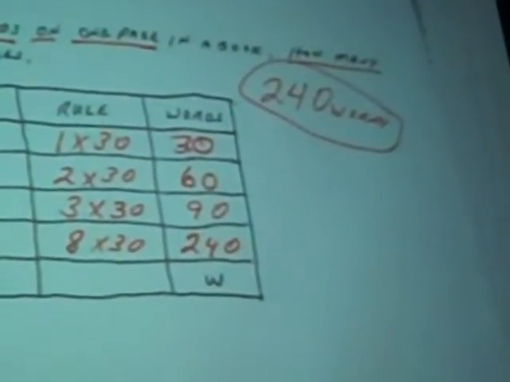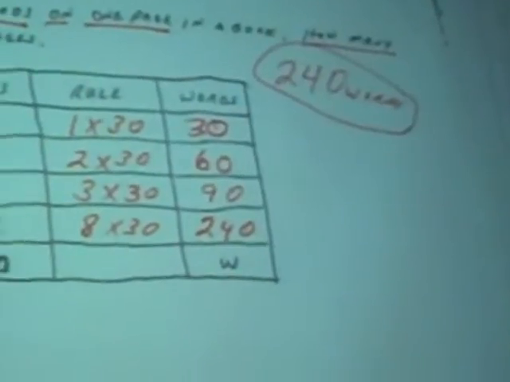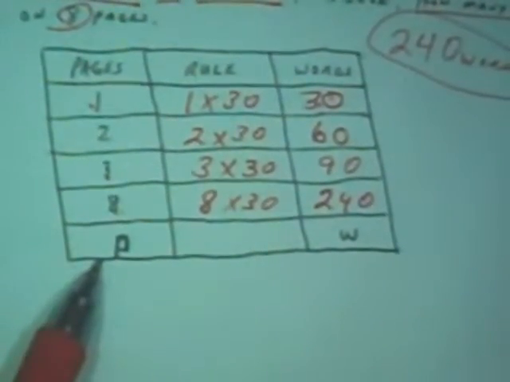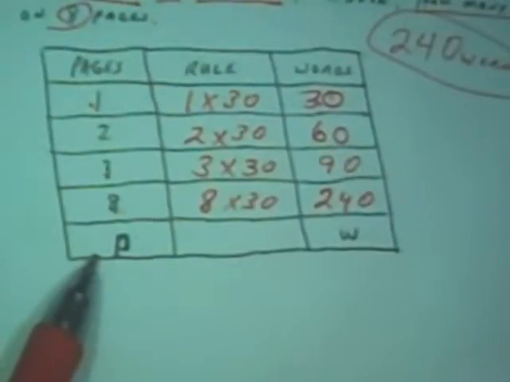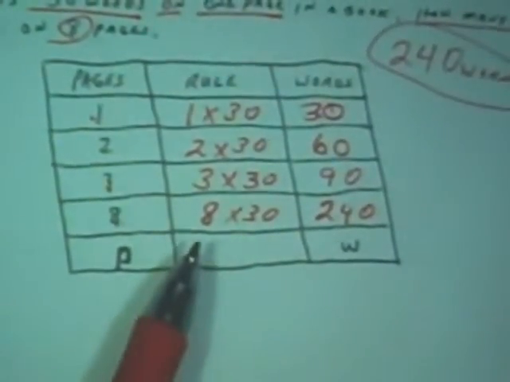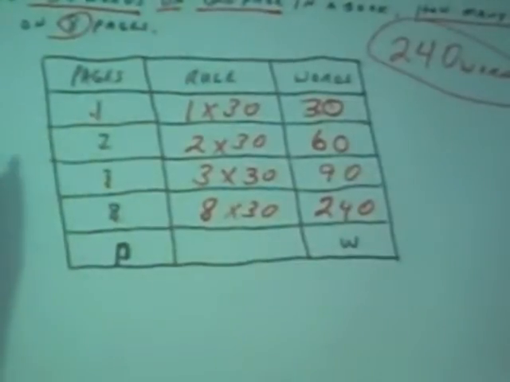It's what I call the algebra box. Because right here, it doesn't give us the number of pages, it gives us the letter P. So how would I write a math problem using the letter P that uses this rule we've been doing? Go ahead, Harrison.